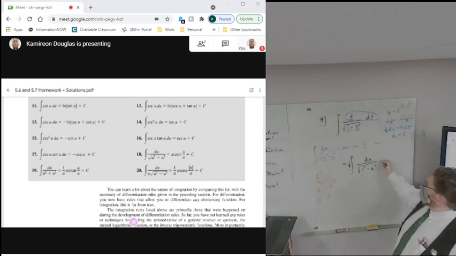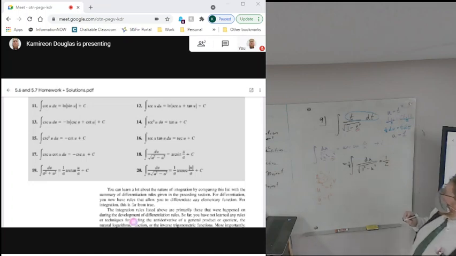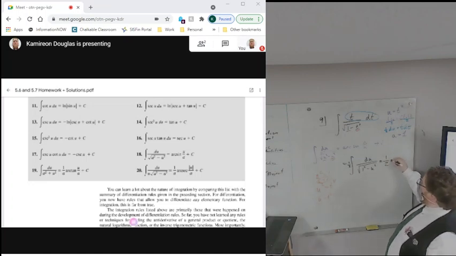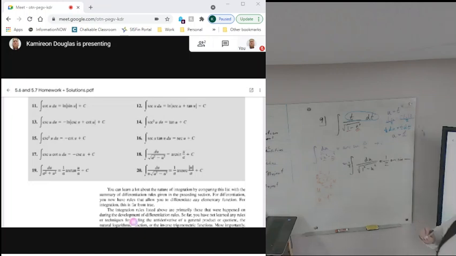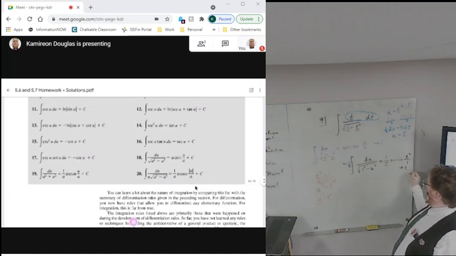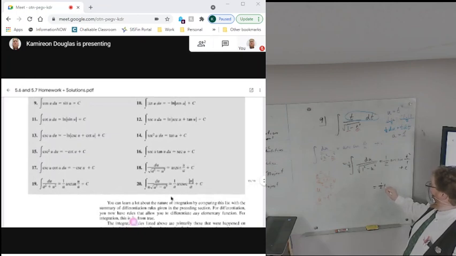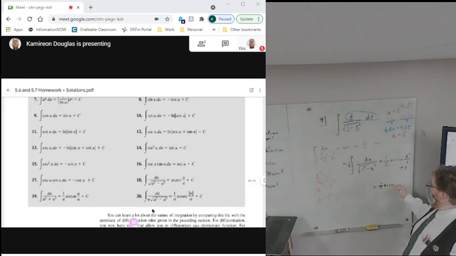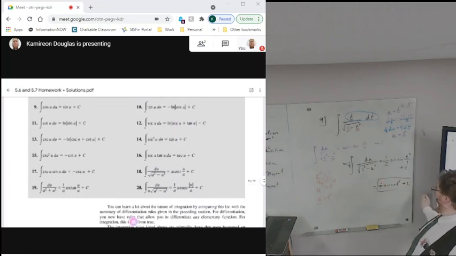And then I write down my parts. 1/2, still up front. This becomes arc sine of, on top goes my u. My u is t squared. On bottom goes my a, which is 1, plus c. This is my solution: 1/2 arc sine of t squared plus c.